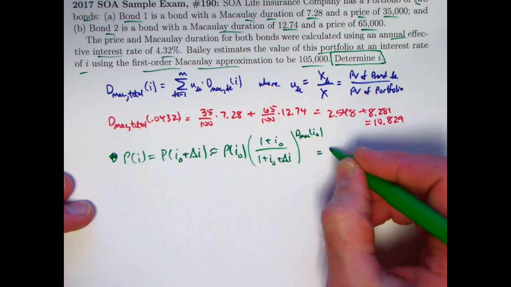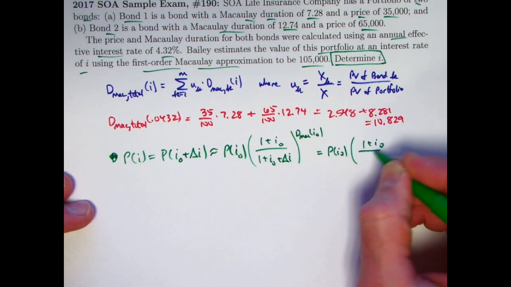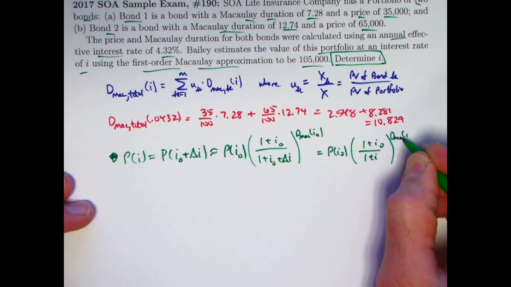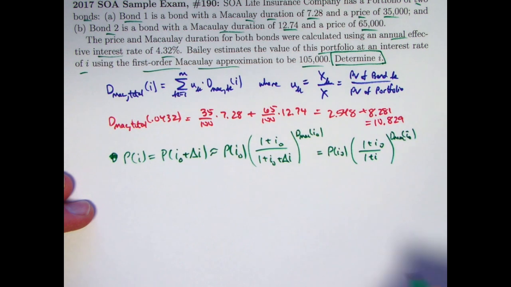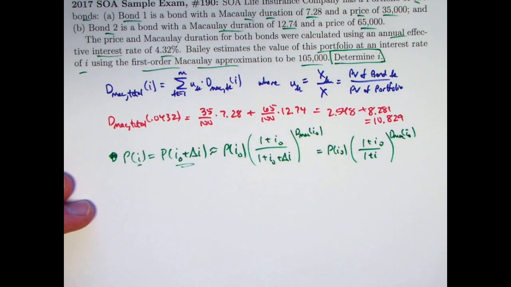This could also be written as P of I0 times 1 plus I0 over 1 plus I to that Macaulay duration power, because I'm taking I to be I0 plus delta I.